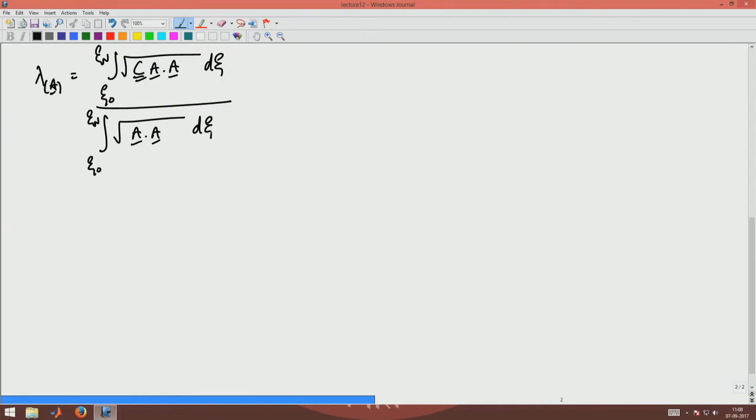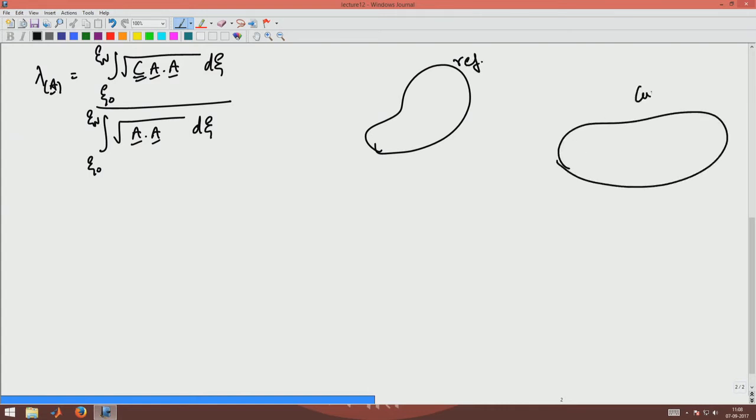Okay. What we had was a body in the reference, and the same body in the current might have been like this, with respect to a given coordinate system E x, E y, E z.